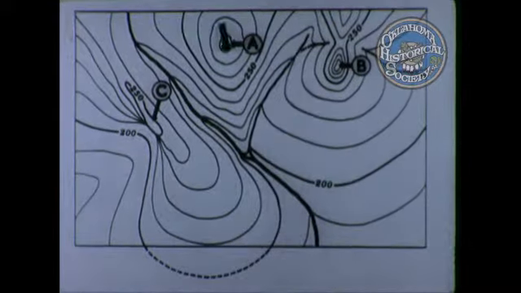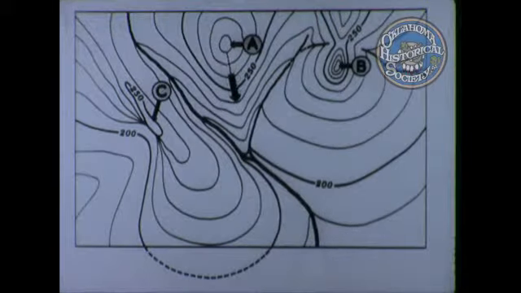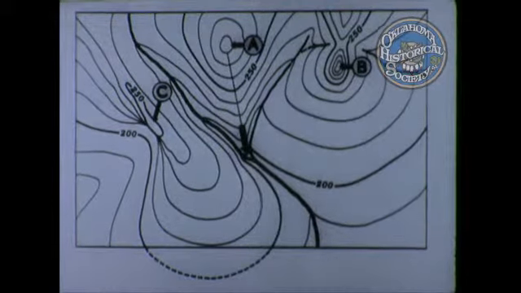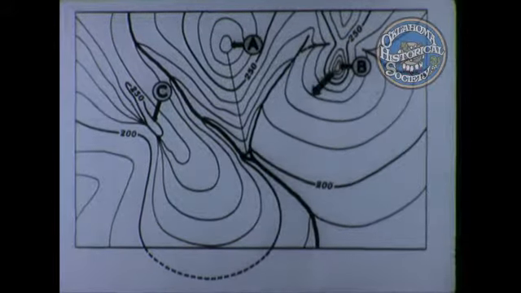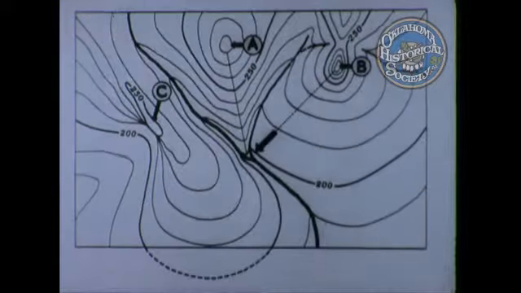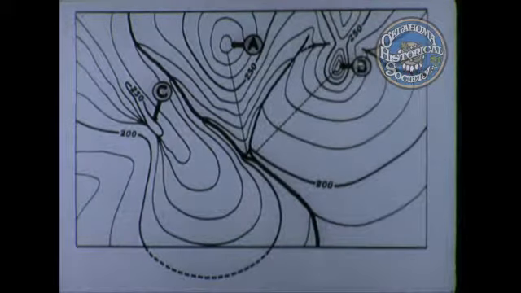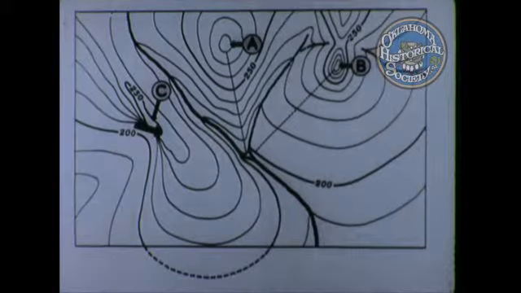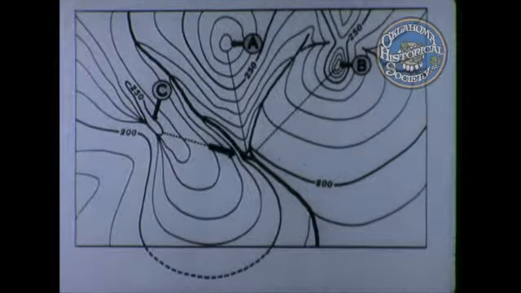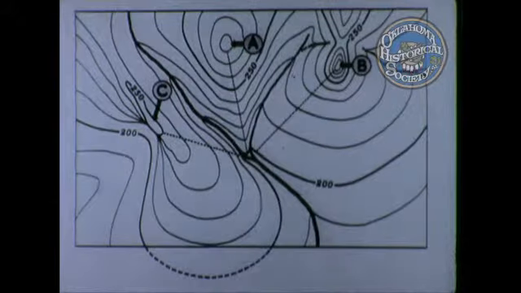The slope from the point A to the stream junction is uniform, indicated by equally spaced contours. Examine the slope from B to the stream junction. Near B, the slope is steep, becoming more gentle near the stream junction. It is therefore a concave slope. From C to the stream junction, the slope is convex, gentle near the top, and more abrupt at the bottom.